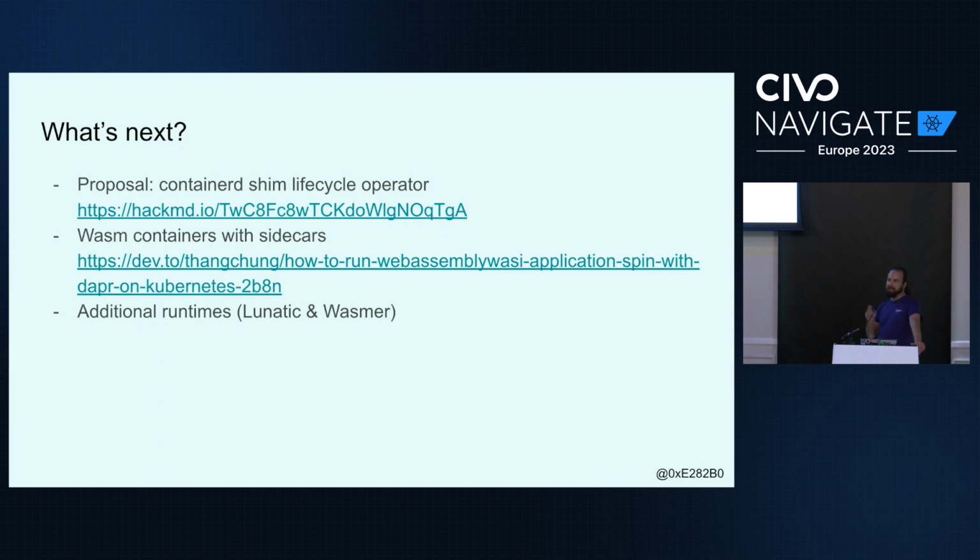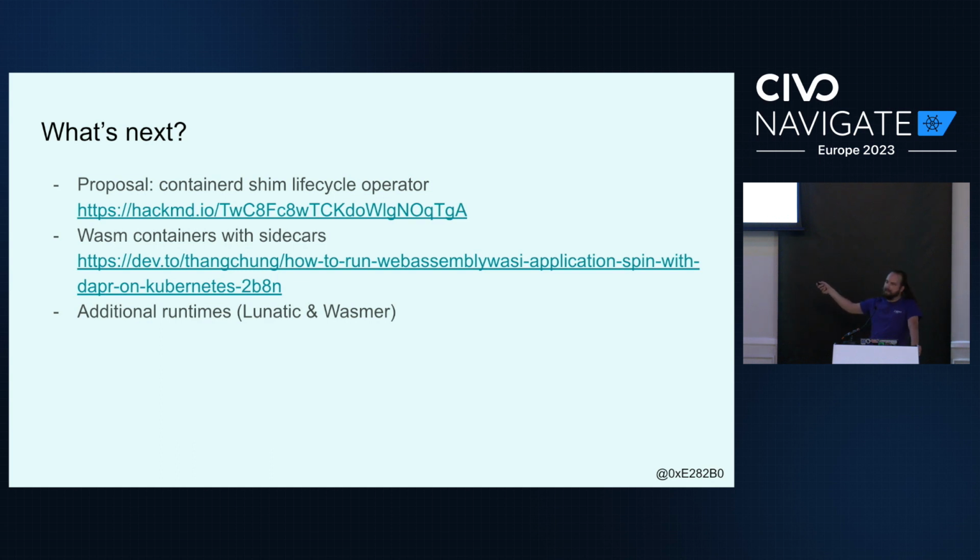There is the 0.9 release of the shims, which is 2 days old, and it has the capability of running WebAssembly with sidecars. So you can use Spin with Dapr, you can have it in a service mesh. All patterns we are currently using in Kubernetes world are now possible. So that makes it applicable for real life use cases.